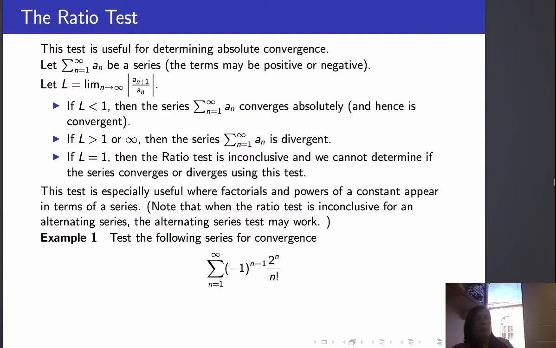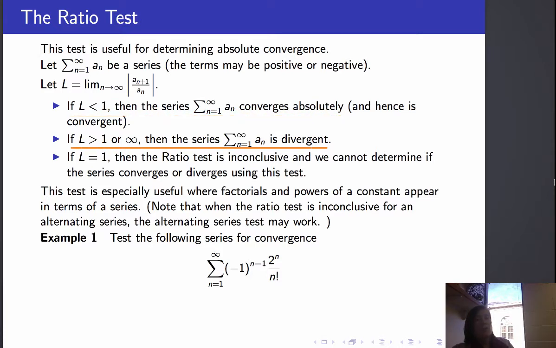If the sum of a_n is a series with possibly positive or negative terms, we let L equal the limit as n goes to infinity of the absolute value of a_{n+1} over a_n. And if L is less than 1, then I know that the series converges absolutely.